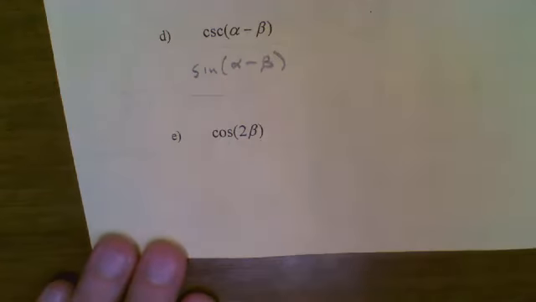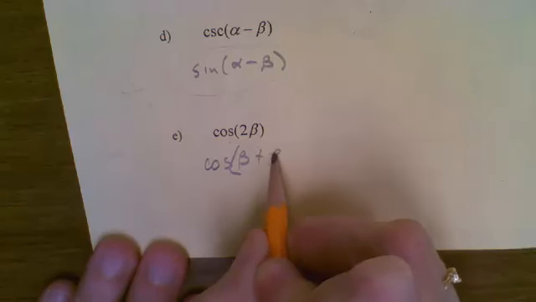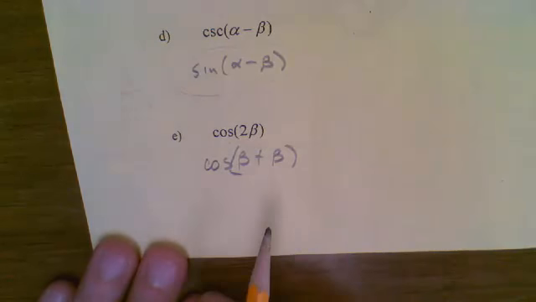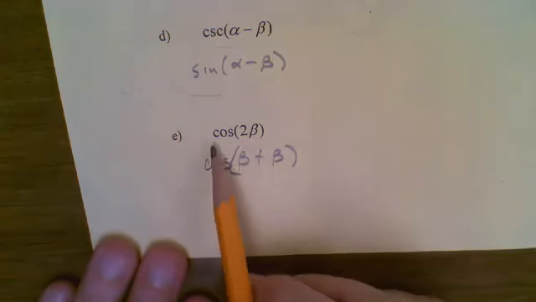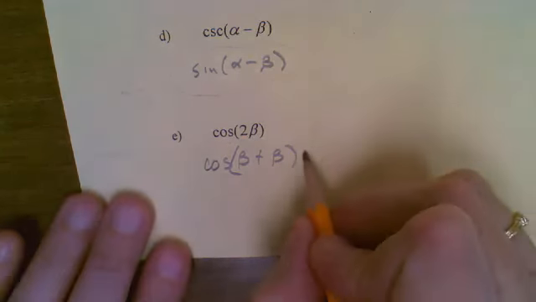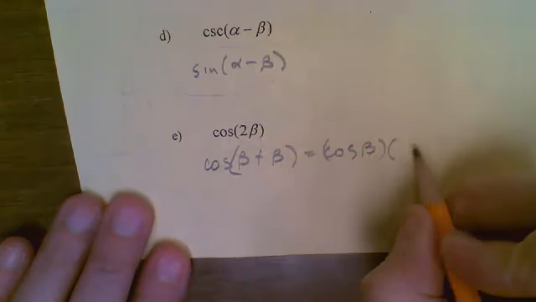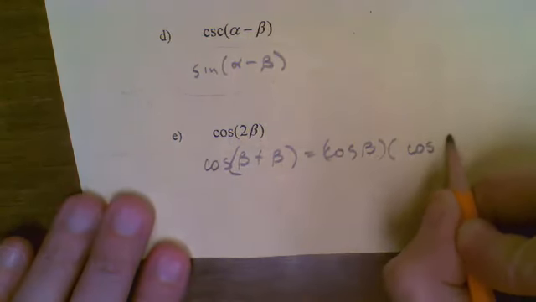For the cosine of 2 beta, we don't have a formula yet, but we can think of it as the cosine of beta plus beta. When we use our cosine formula, we take the cosine of the first angle, beta, times the cosine of the second, also beta.